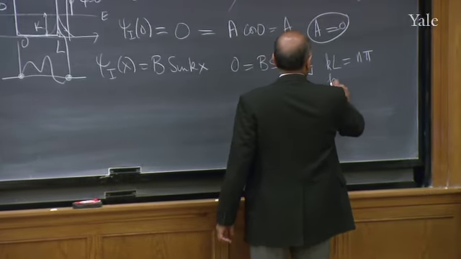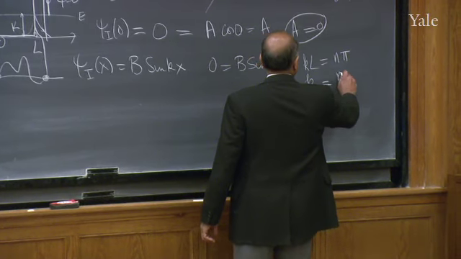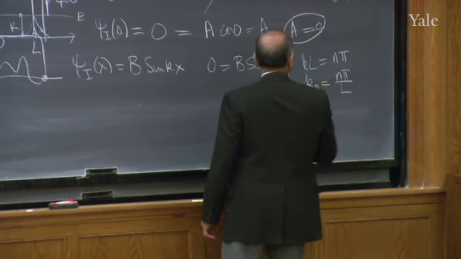Therefore, k has got only values n pi over L. I'm going to call it k sub n.